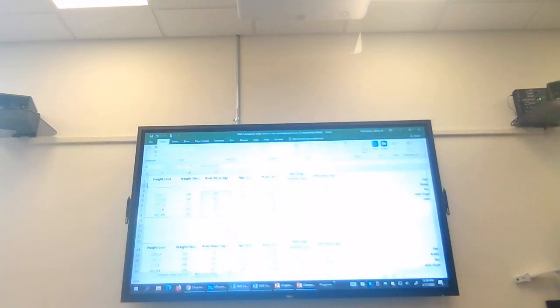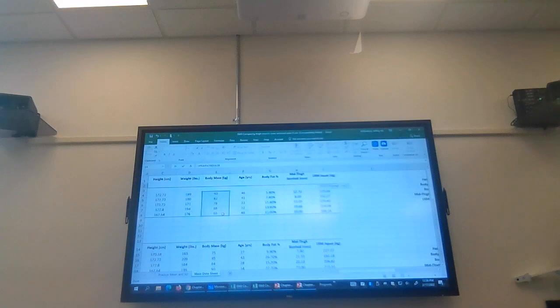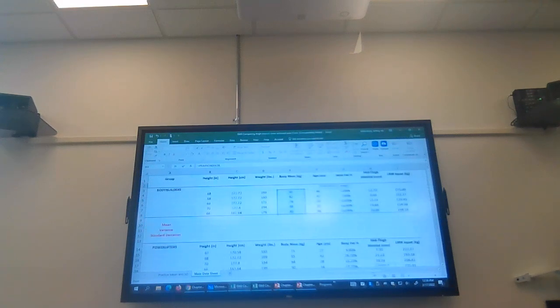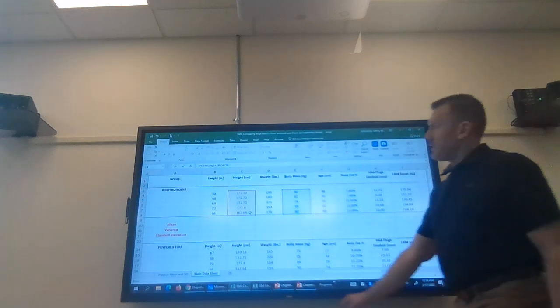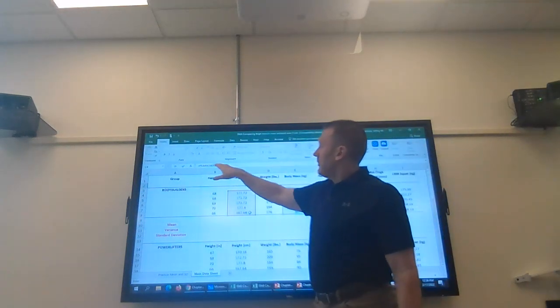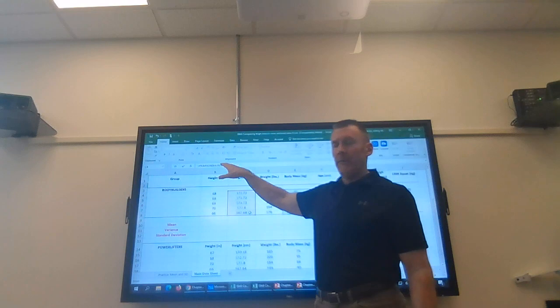Then you can just put a comma, and go over to height. Let's do height in centimeters. It doesn't matter if you do inches, it'll come up with the same correlation. Close your parentheses. This is what you'll have in your formula bar up here.